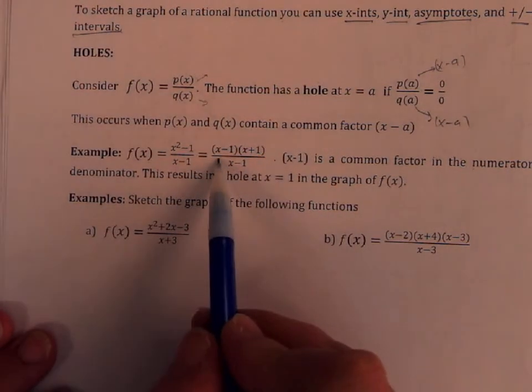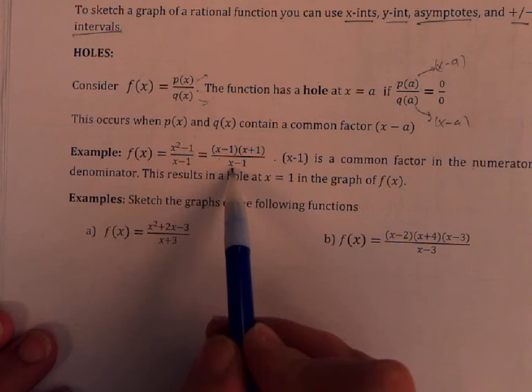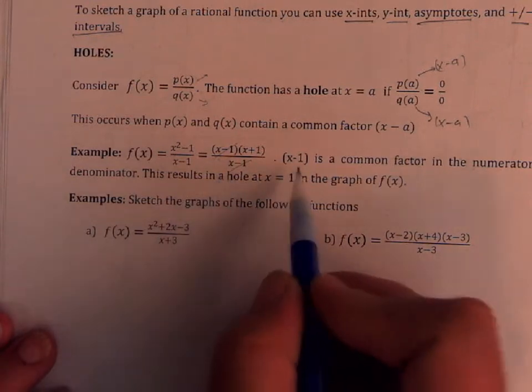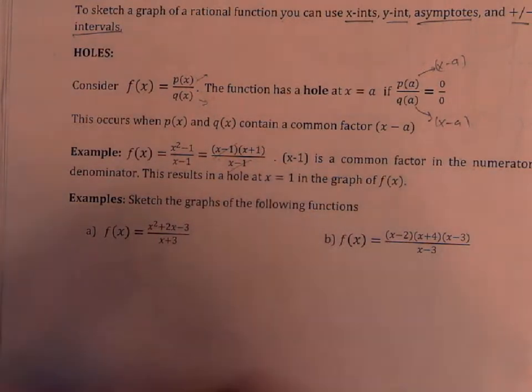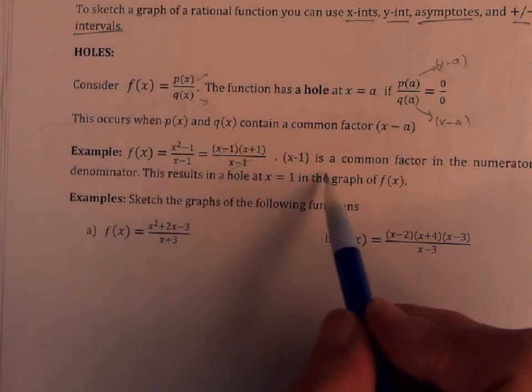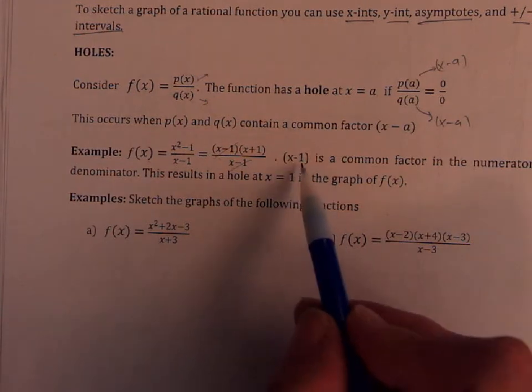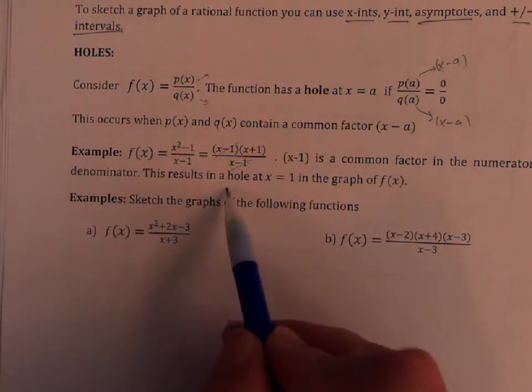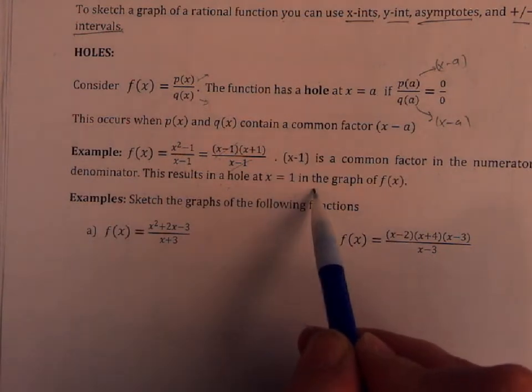The numerator has a factor of x minus 1 and the denominator also has a factor of x minus 1. So now this can go, but it will create a hole at x equals 1. x minus 1 is a common factor in the numerator and denominator. This results in a hole at x equals 1.